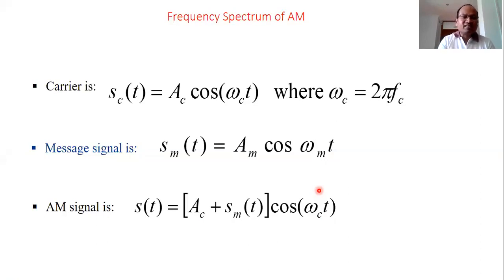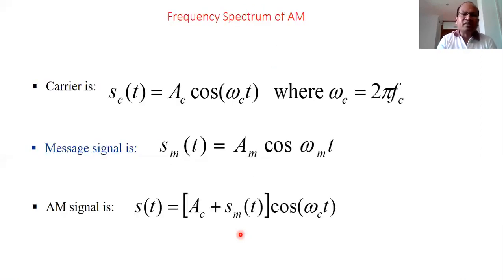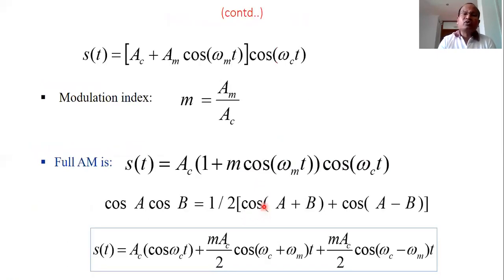All right. So this is the expression of the AM signal: [Ac + sm(t)] multiplied by cosine omega_c t. Now, if we expand this term, because we know sm(t) is Am cosine omega_m t, and substitute it, the expression of the AM signal will be [Ac + Am cosine omega_m t] into cosine omega_c t.